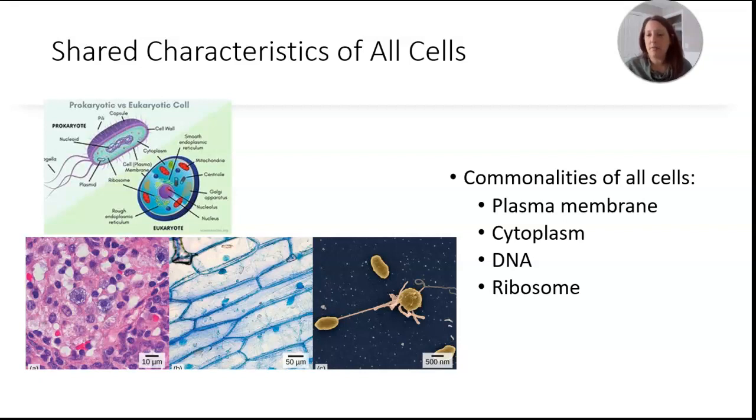So all cells have a plasma membrane. All cells have cytoplasm. All cells have DNA. All cells have ribosomes. And I'm going to actually add something to the list. So all cells also have some form of a cytoskeleton. Okay. The cytoskeleton is different if we're looking at prokaryotes and eukaryotes, but they all do have some form of a cytoskeleton.